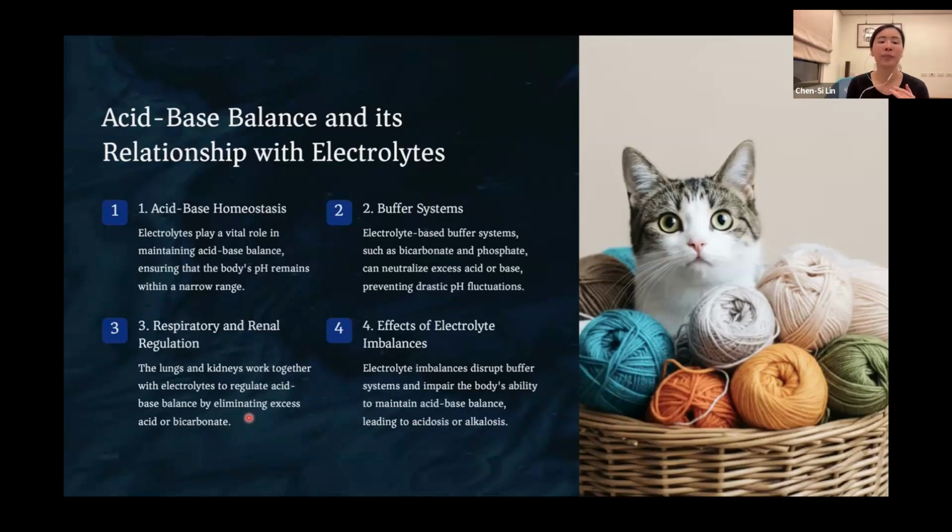At the meantime, aldosterone also works on the tubular epithelium cells to secrete out the potassium. So basically, most of our electrolyte balance is regulated through the workload of the kidney.